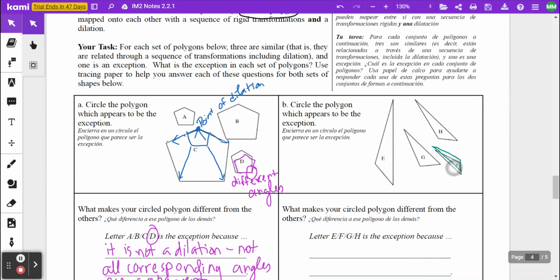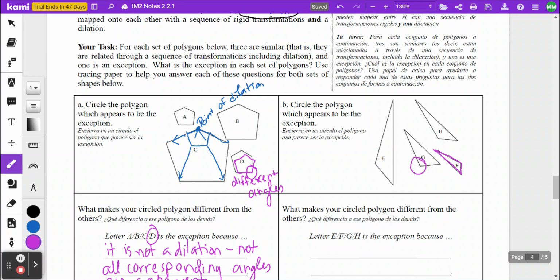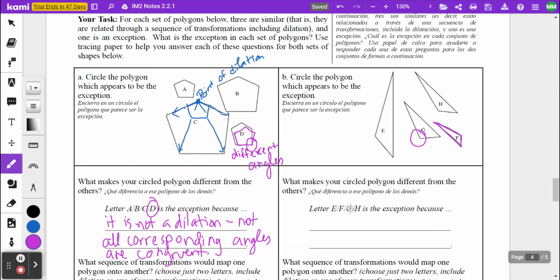I don't have the power to rotate with my computer, but I'm going to say that this angle in G is different than the corresponding angles in the other shapes. So I think G is the exception because its obtuse angle looks smaller than the obtuse angles in the other triangles.